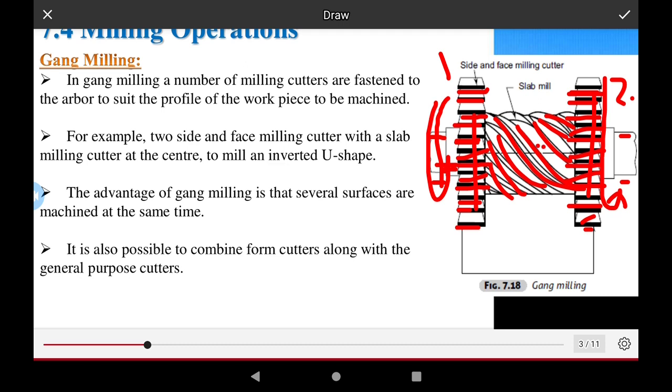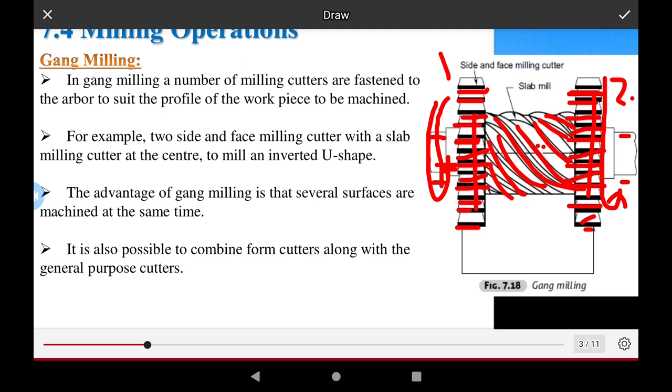The slab milling cutter is used at the center between the side and face milling cutters, and the two mills are arranged in a U shape.